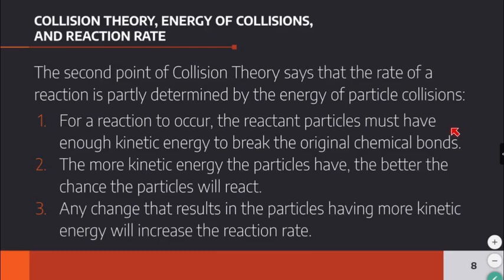But if they hit extremely quickly, then they have enough energy to break those bonds, and so the reaction will happen or can happen. So the reactant particles must have enough kinetic energy to break the original bonds. Number two, the more kinetic energy the particles have, the better the chance they will react, because there's a better chance they'll have enough energy to break the bonds. And so any change that results in the particles having more kinetic energy will increase the reaction rate.